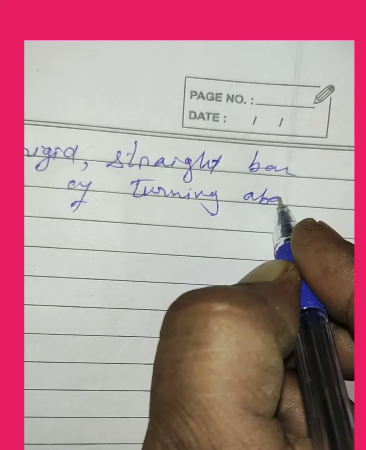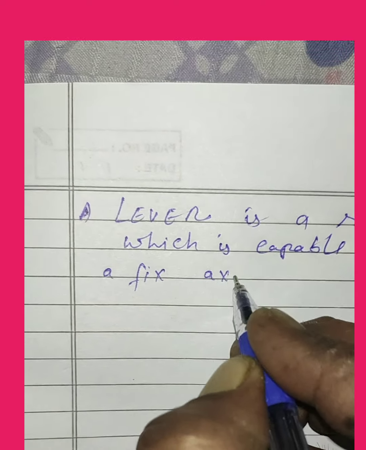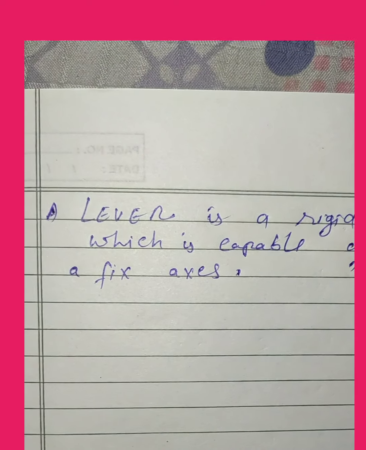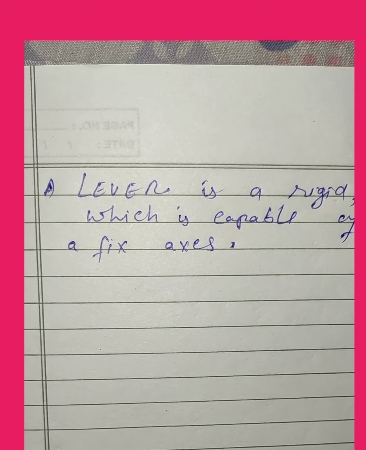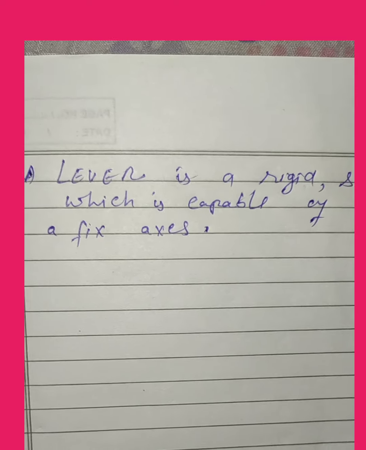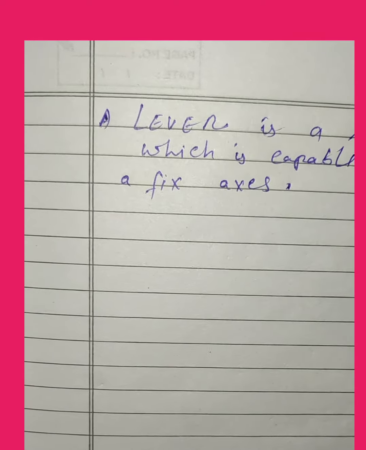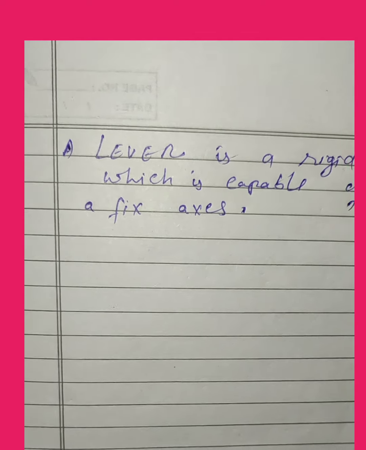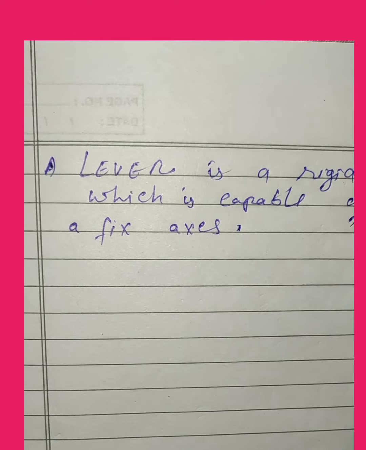The axis about which the lever turns is a rigid point of the lever called the fulcrum. It is generally marked by F. The point does not move but remains fixed when the lever is in use.